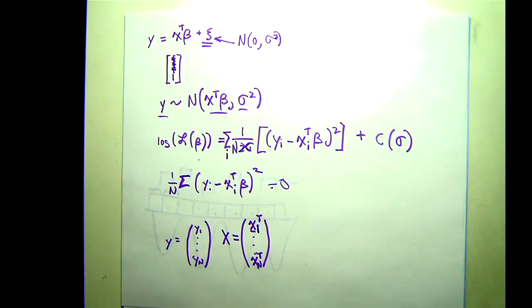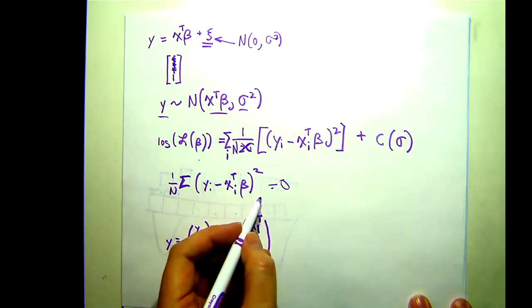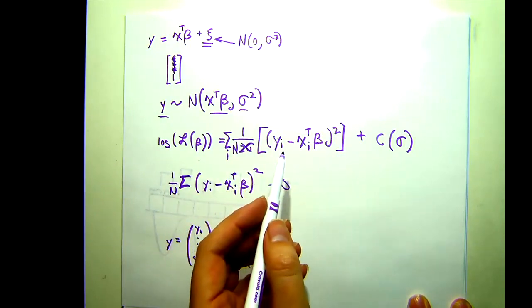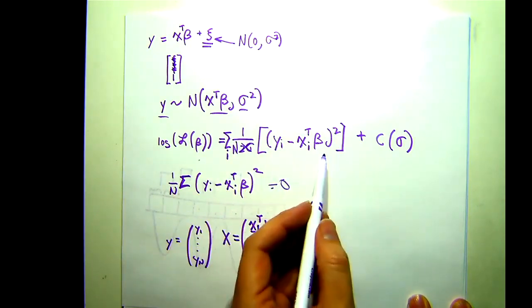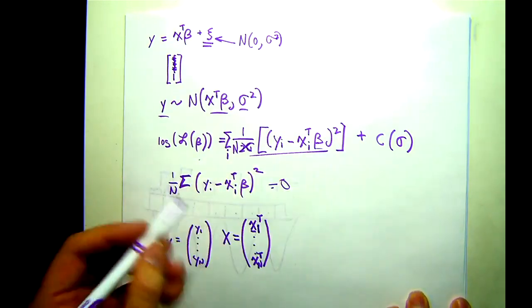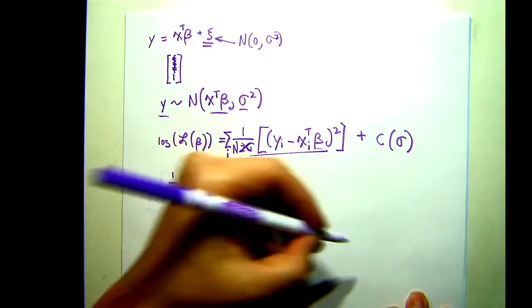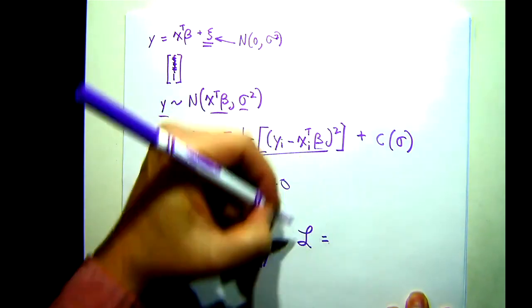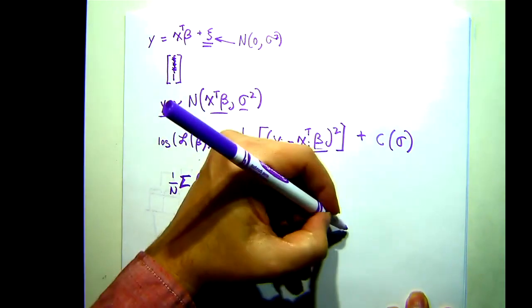Then we can rewrite this. We can rewrite this guy up there, which is basically the loss, this is the log loss basically.